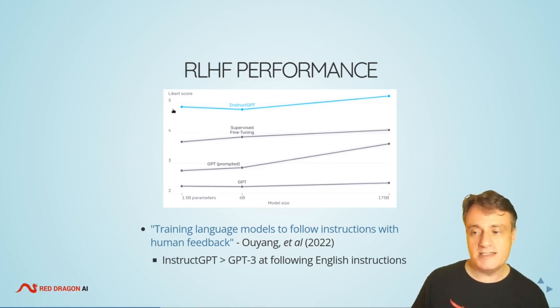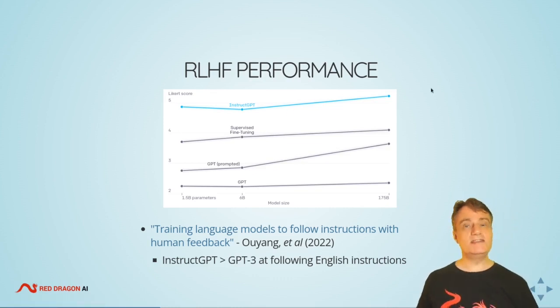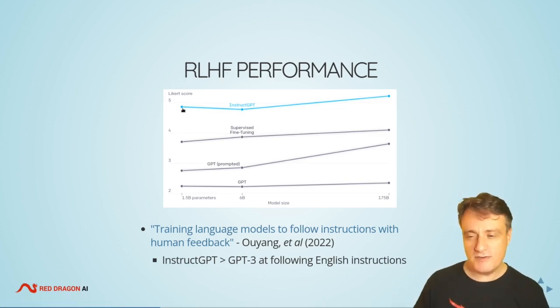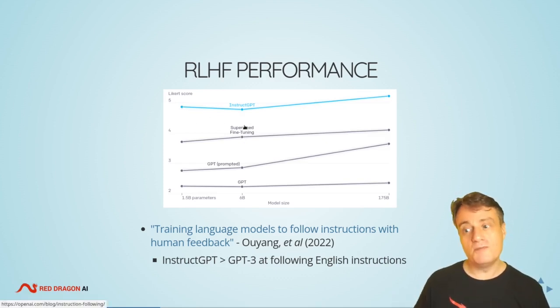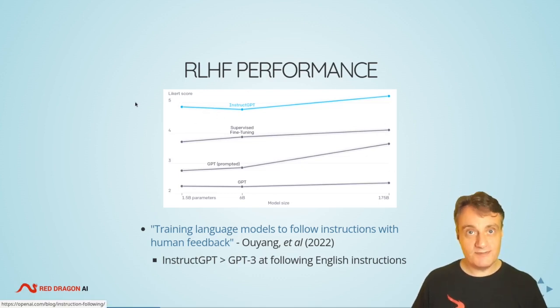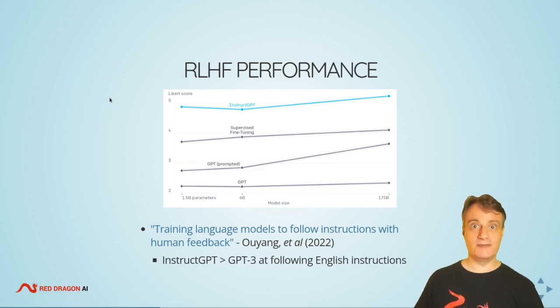But what we find is that this line on the top is what happens if you give it the reinforcement learning from human feedback kind of training. Basically, we can make all of these models, so even the very smallest model, perform better than the biggest models, given this reinforcement training.